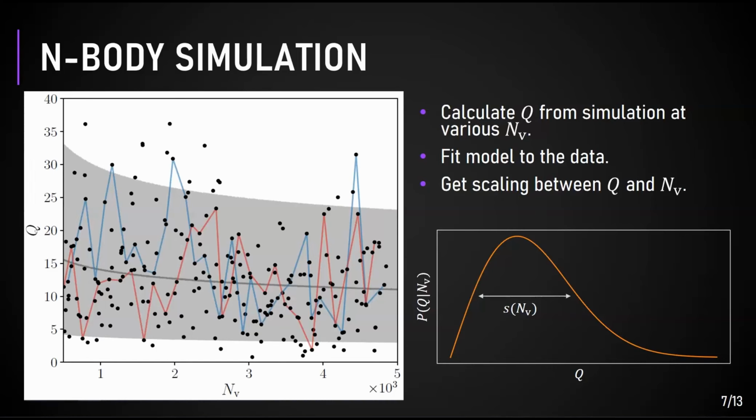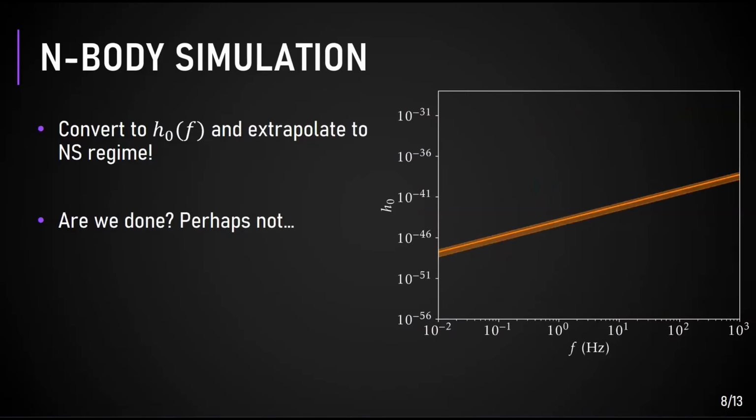So we constructed a statistical model motivated by the statistics, which is the plot that I'm showing at the lower right. See the paper for more details. And then we fit this model to the data so that we can get the scaling between the current quadrupole and the number of vortices. And then once we do that, we can convert it to the h naught, which is the amplitude, as a function of the rotation frequency. And then we extrapolate.